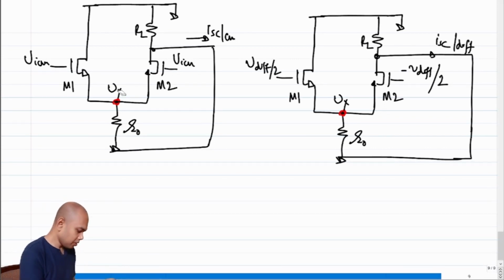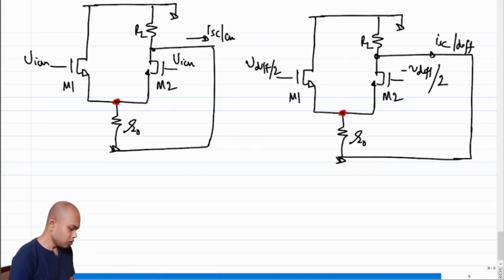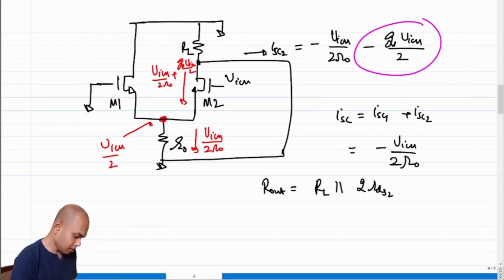But what were the key differences? In case of common mode, when we were only applying signal at M1 and grounding M2, what was Vx? What was this node voltage? If I take you back, this voltage was VICM over 2, right?